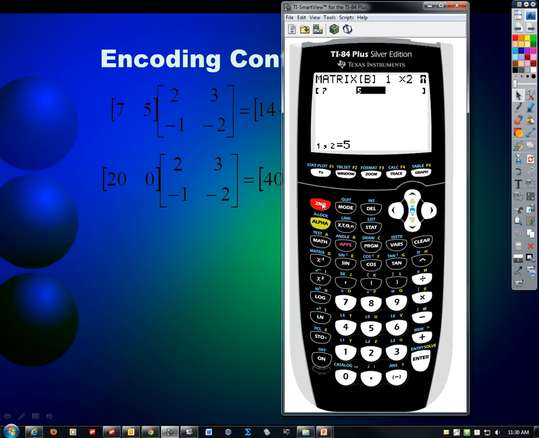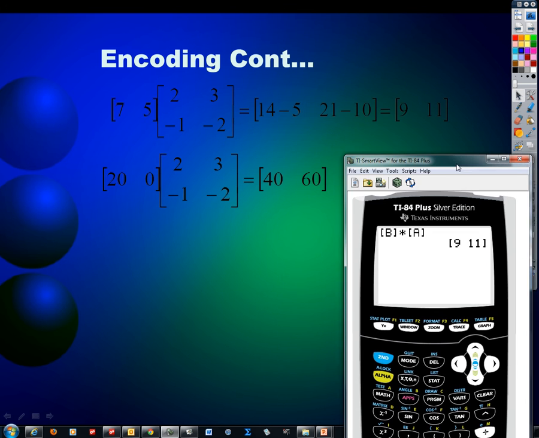Then all I have to do is quit, and go matrix A times matrix B. Oh, sorry, I can do B times A. That's what I meant to do. Remember, that's B, and we call the encoding matrix matrix A. So B times A.